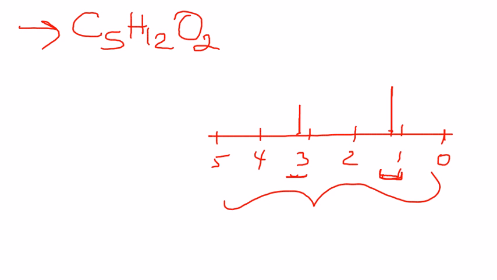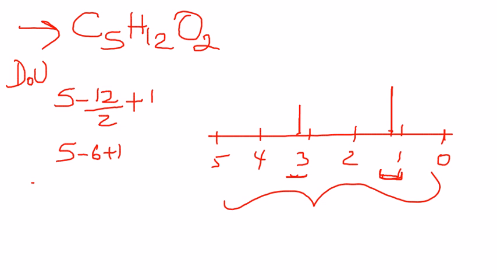The first and foremost thing you should do is try to figure out the degree of unsaturation. So the number of carbon atoms minus half the number of hydrogen atoms. You don't count oxygen. Nitrogen is not present here, so we're just going to say plus 1. So that means 5 minus 6 plus 1, which is 6 minus 6. And so there is no degree of unsaturation.